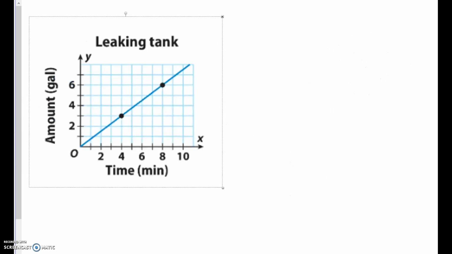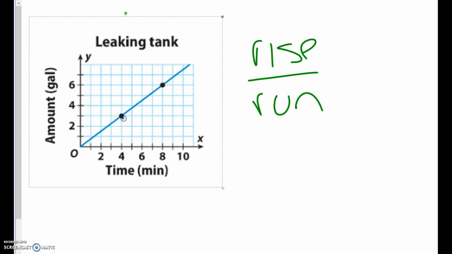So let's see these things in action here. All right, when we have a nice, simple graph like this one, it's really easy to use rise over run. So I'm going to use this point there, and I'm going to go up here. My rise, I went from 3 up to 6, which is a positive 3.